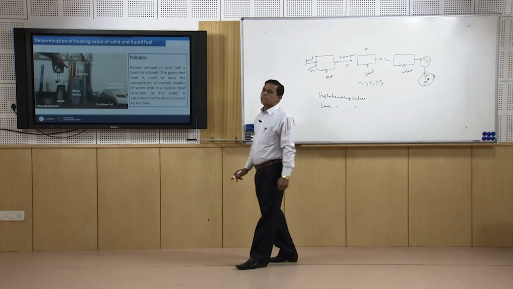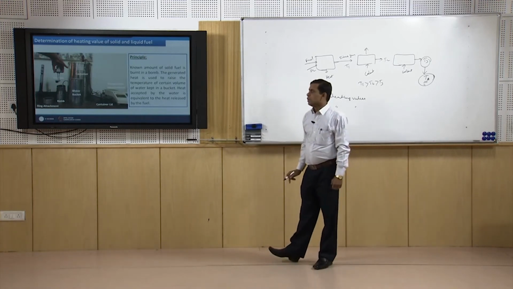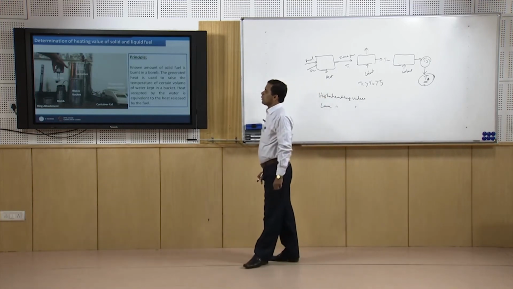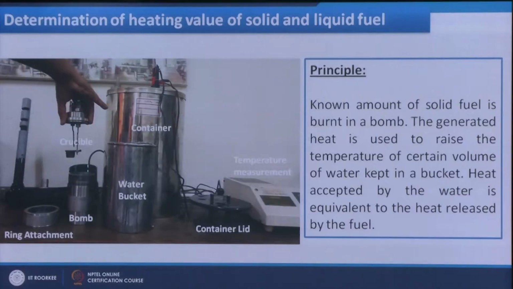Now how can we determine the heating value? The bomb calorimeter is normally used to determine experimentally the heating value of any solid and liquid samples, or maybe waste also. So in this case, as shown in the figure, this is our bomb calorimeter.